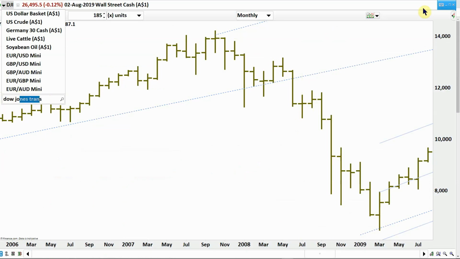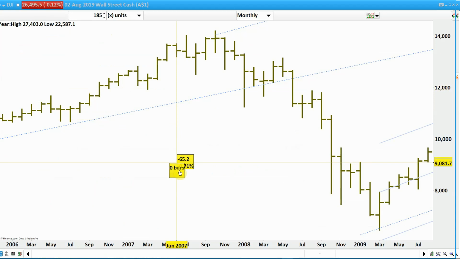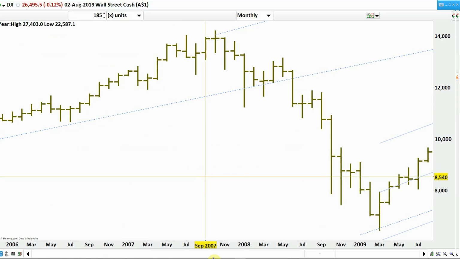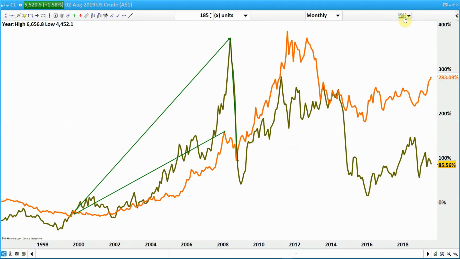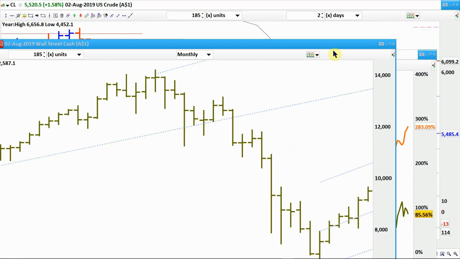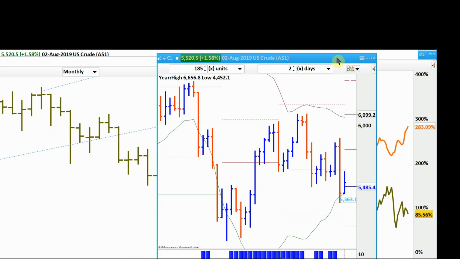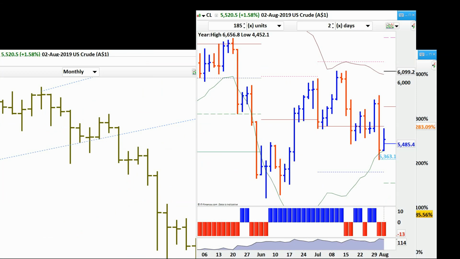Where has my transportation index gone now? All right, so how much has the Dow Jones Transportation Index lost? It is important to know the relationship between them.